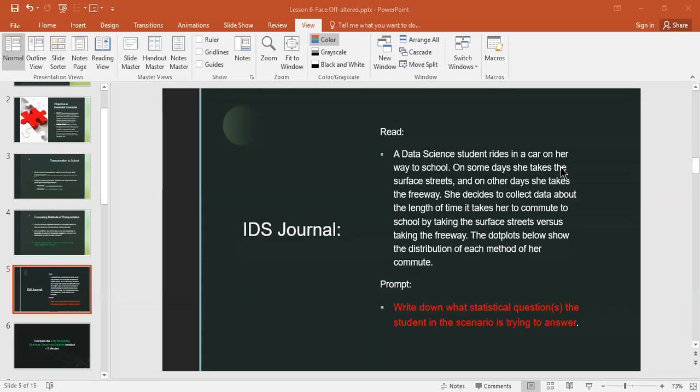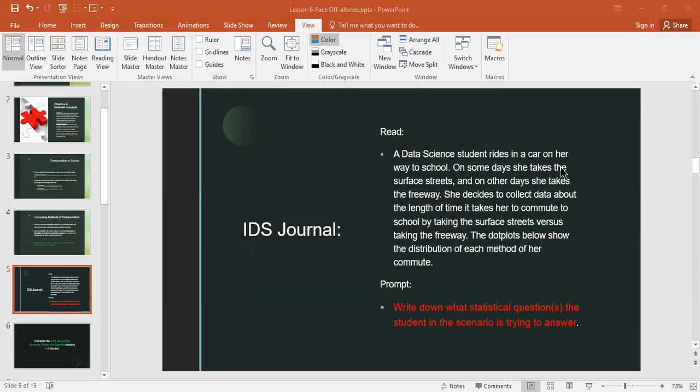Commute means to travel, like drive to school. So she's comparing the time it takes her to get to school using surface streets versus the freeway. The dot plots below show the distribution of each method of her commute. We're going to be looking at those dot plots in a bit.